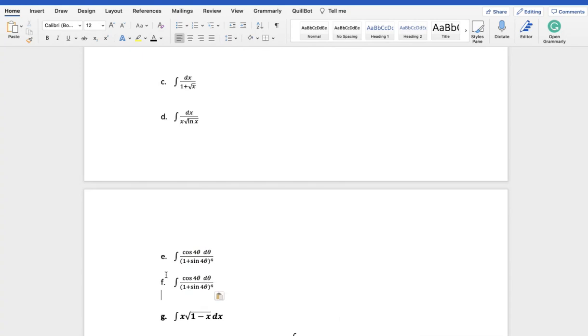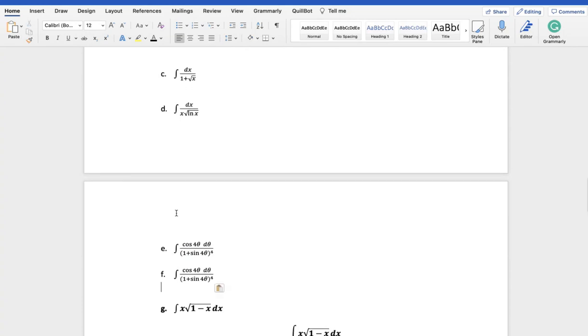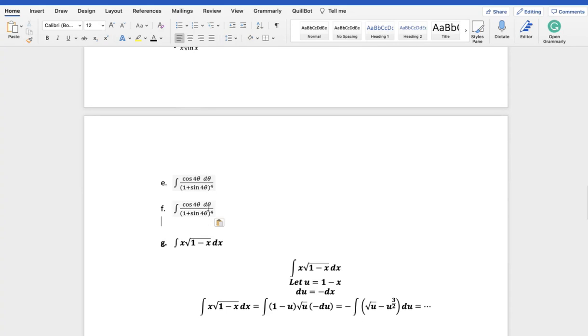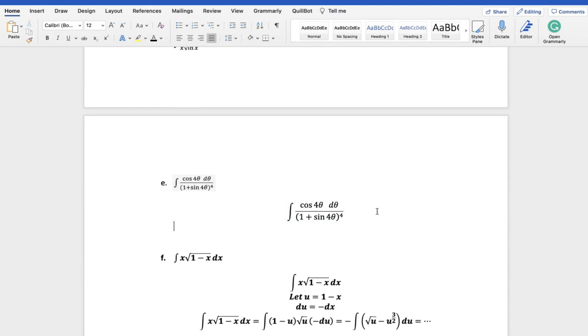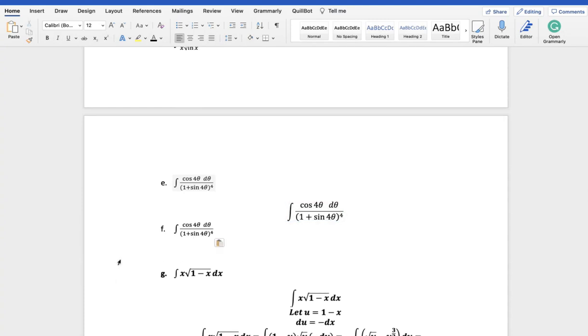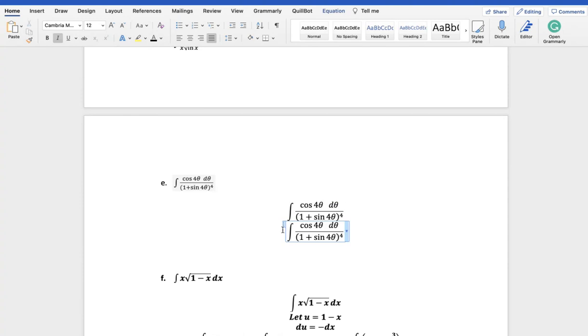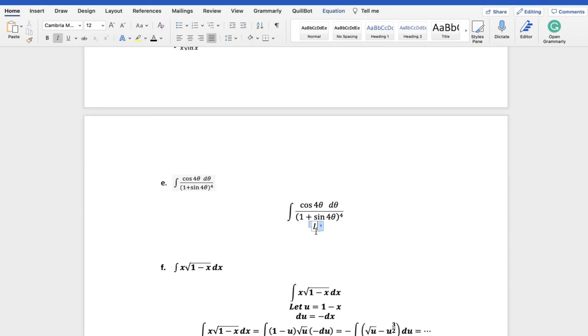So looking at this question here and knowing that we will use u substitution, what do you think we can use as a substitution there?